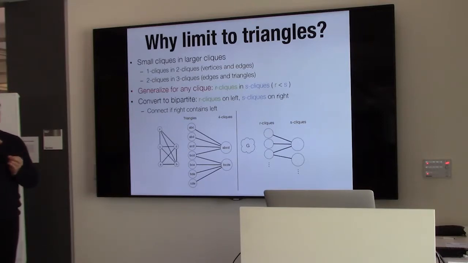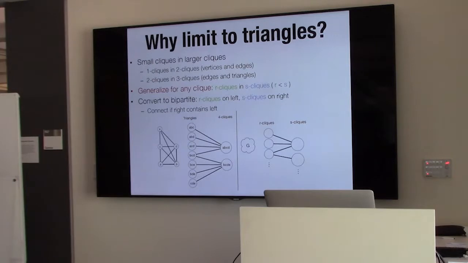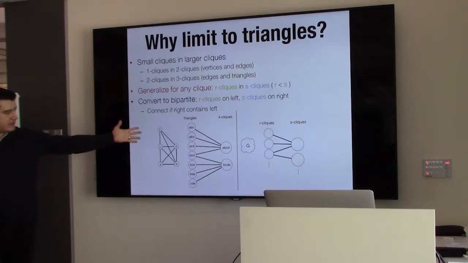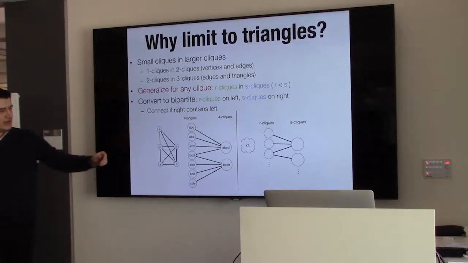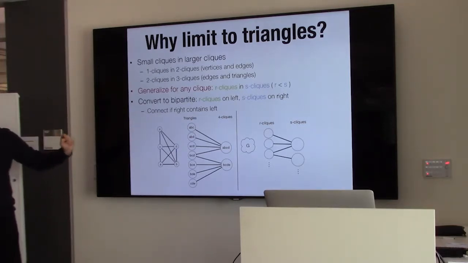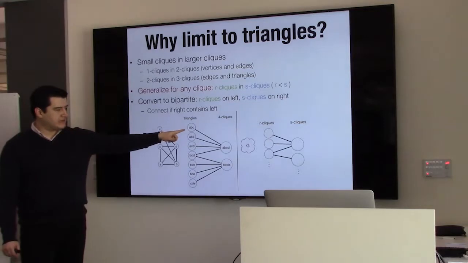Of course, we are looking for r less than s, and the involvement of r-cliques in s-cliques. Again, the model says, whatever graph you have, you put your r-cliques on the left side, the s-cliques on the right side, and you connect them if that r-clique is a part of that s-clique.